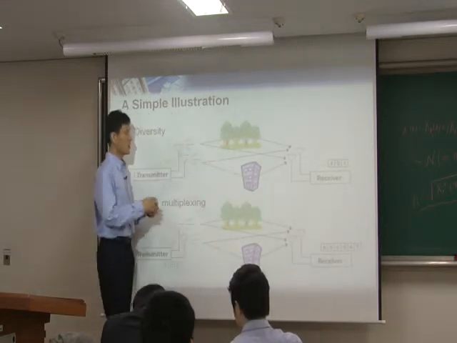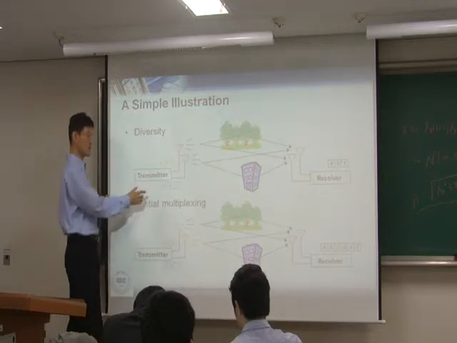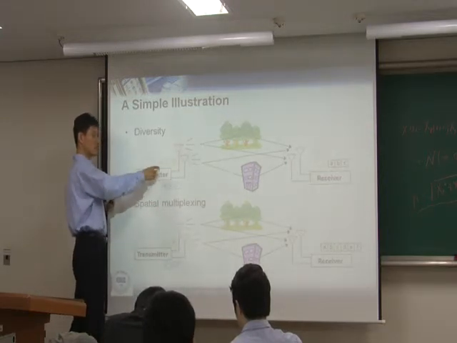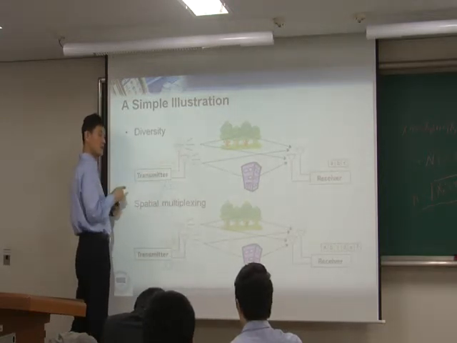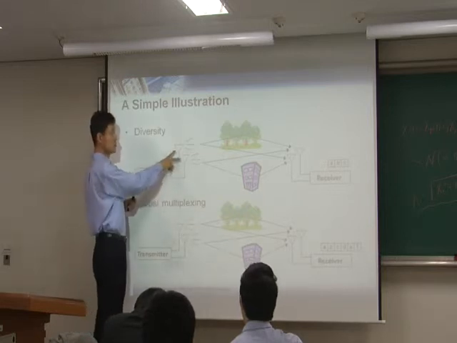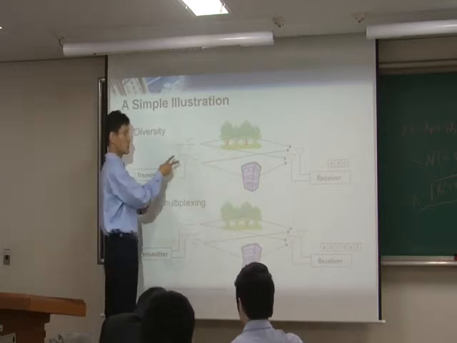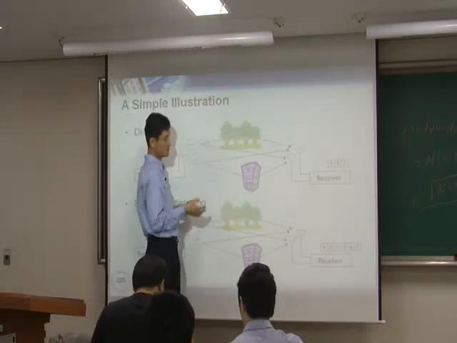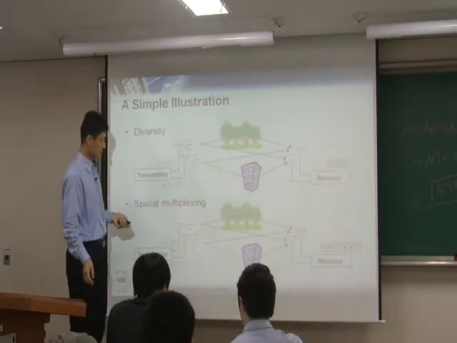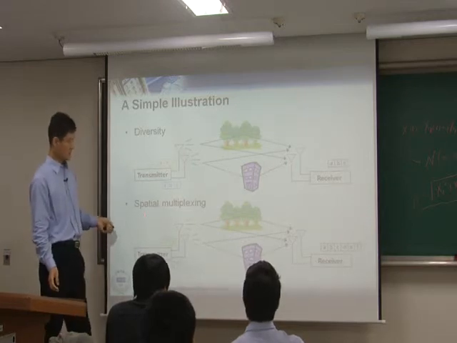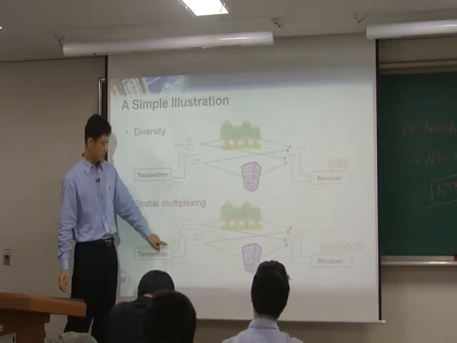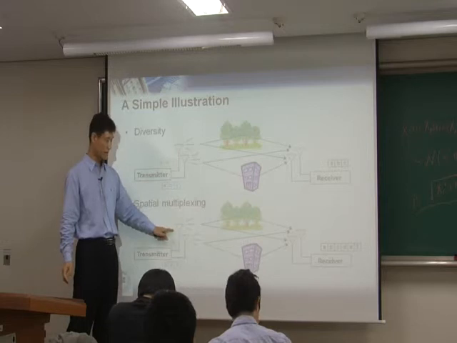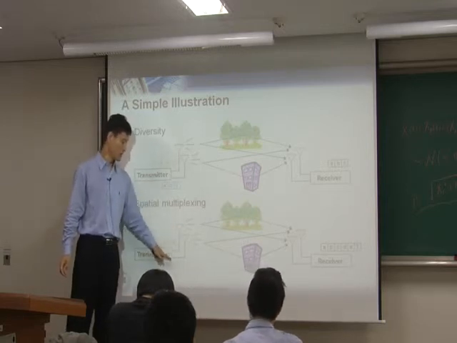So the amount of data that I transmit is just ABC. I just transmit only 3 characters. But since I use 2 antennas at the transmitter and receiver, this whole channel is going to be more reliable. In the case of multiplexing, I transmit ACE on one antenna, BDF onto another antenna.